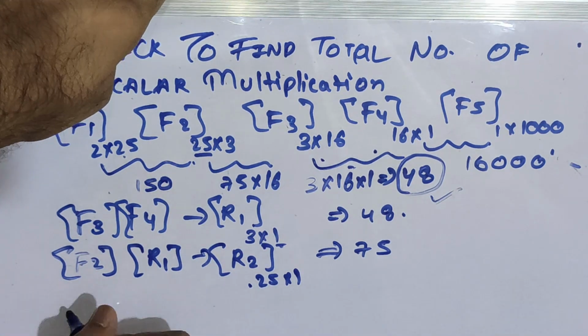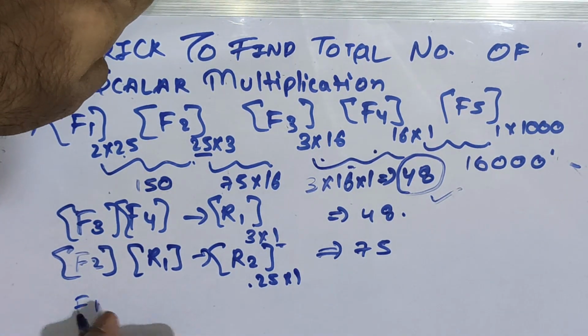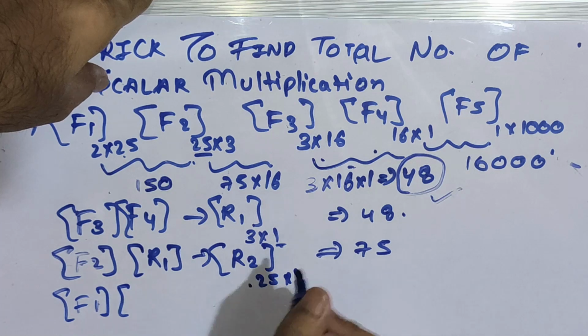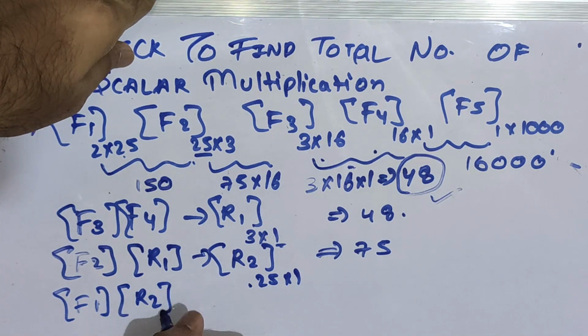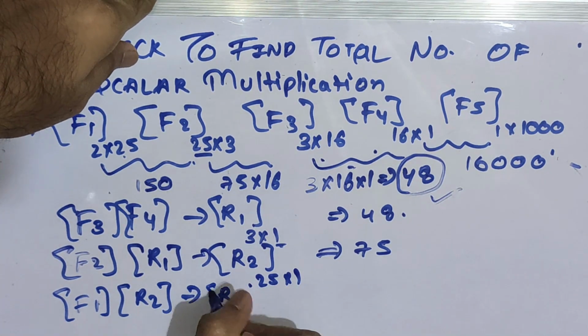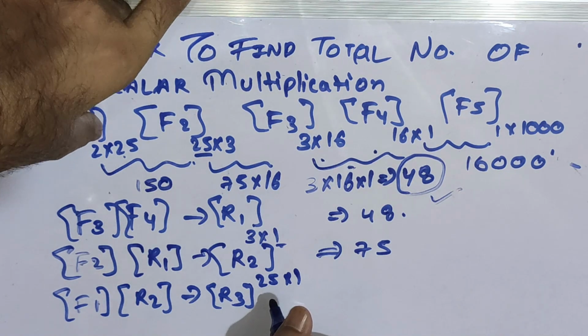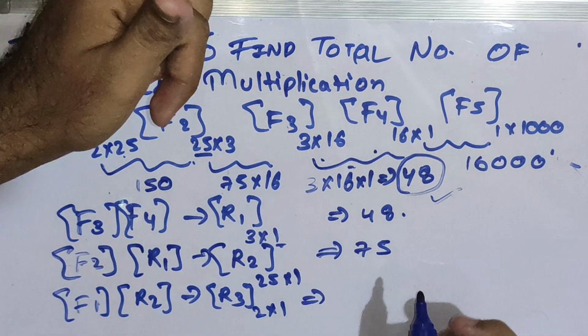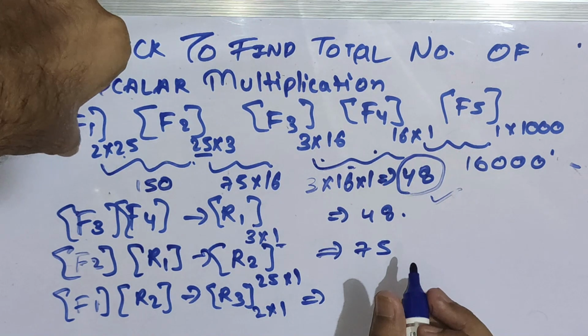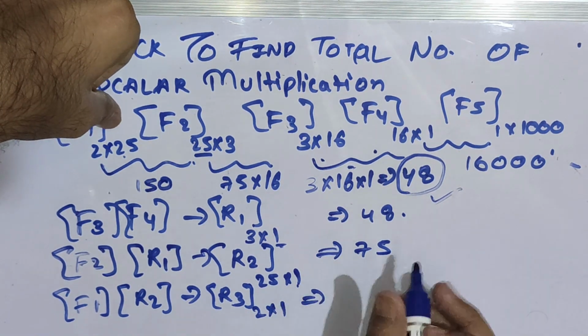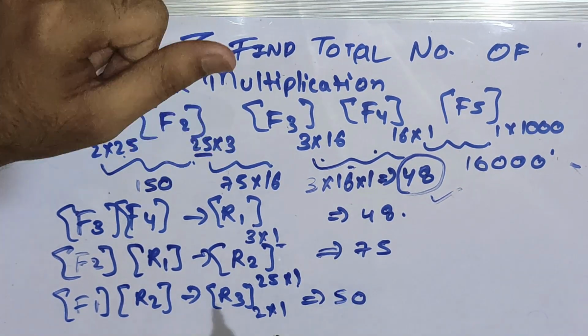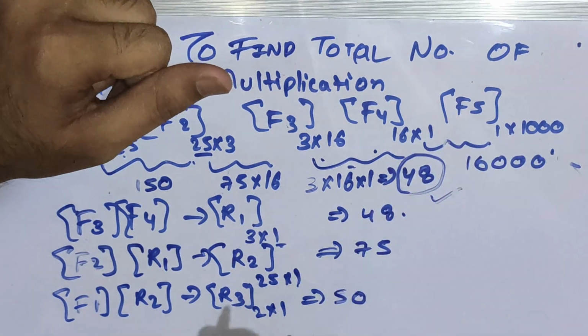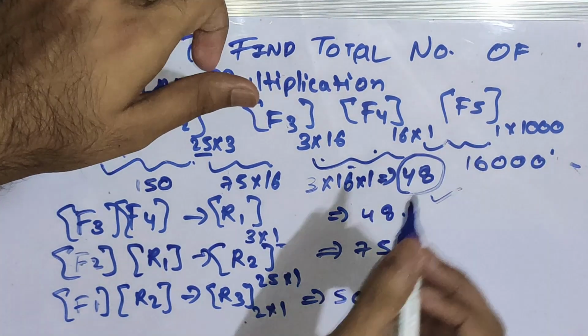So you will multiply f1 with this r2, and you will get the resultant matrix as r3, let's say. You will get the dimension as 2 cross 1 and the number of scalar multiplications will be 2 cross 25 into 1, so basically 50. Okay, now you have only one matrix left, so you will obviously multiply this r3 with f5.